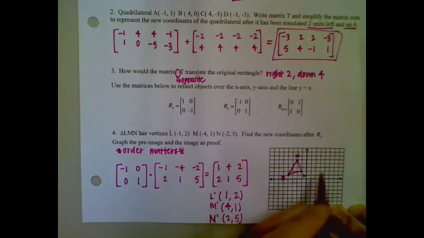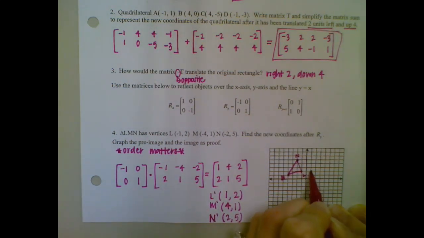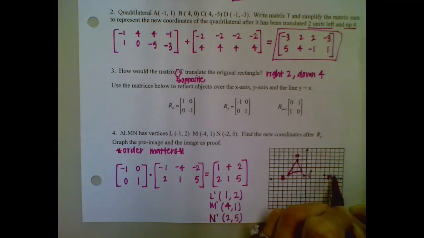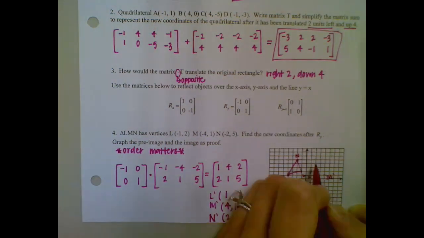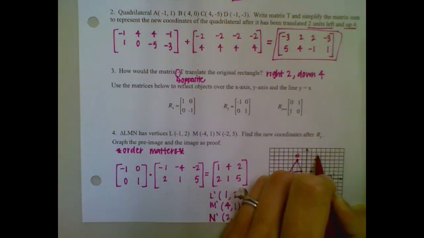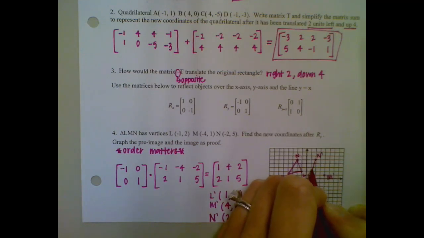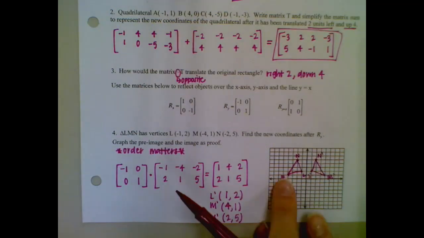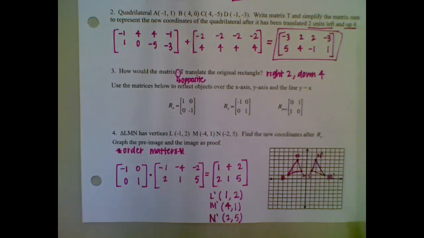And then these are my new coordinates. So 1, 2 was L. 4, 1 was M. And 2, 5 was N. Which, that makes sense, because as you guys can see right here, this triangle is definitely a reflection over the y-axis of that triangle. Okay? This is how you do that with a matrix.